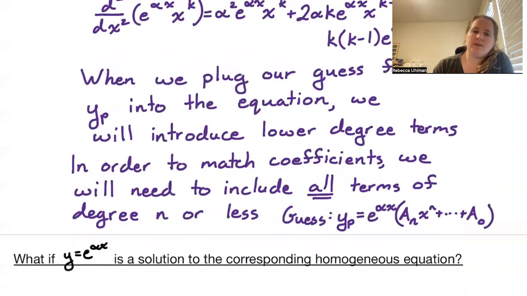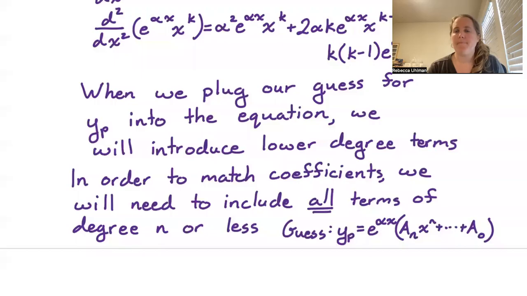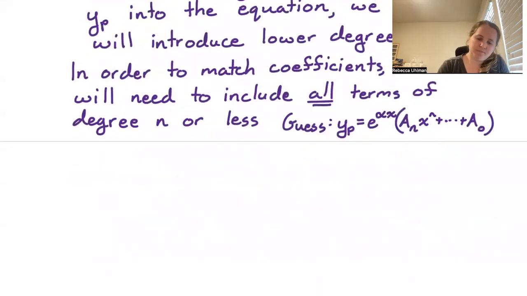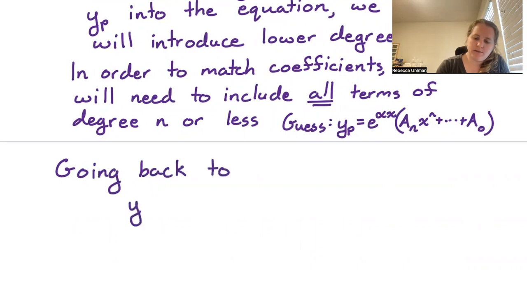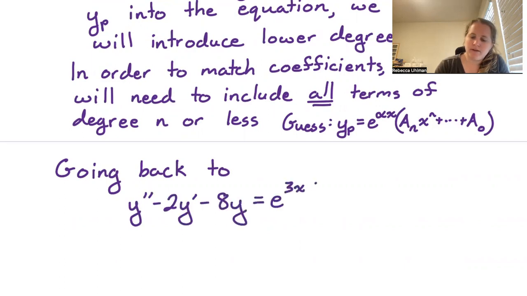So if we go back to our example, I'm going to give myself a little more space. So going back to our example, y double prime minus 2y prime minus 8y equals e to the 3x times x squared minus 4x. Our polynomial has degree 2.